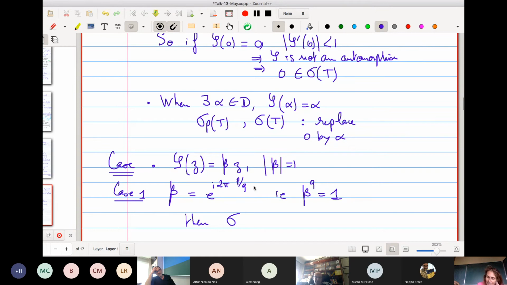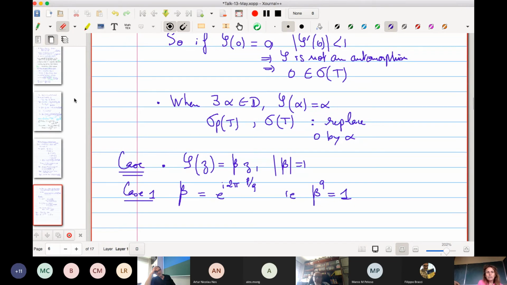Well, in this case, it also depends whether you have a weight or not. First, just mention what happens when you remove the weight. Even in this case, it's very interesting. Take a beta which is, say, periodic.